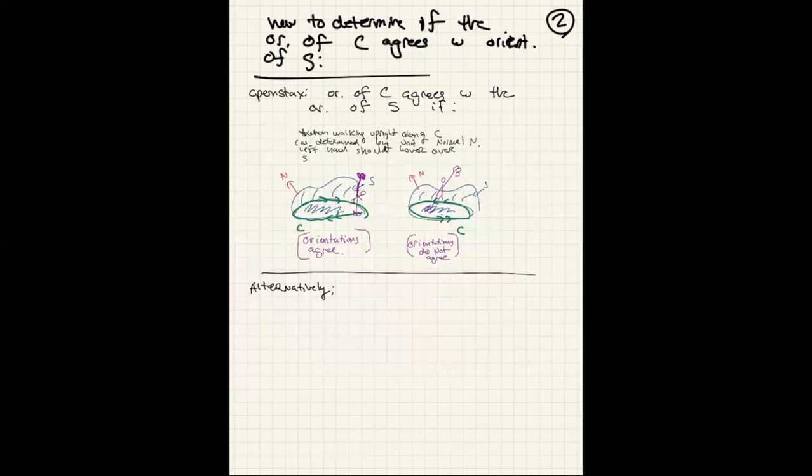To determine if orientations agree, draw a normal vector n near the boundary of C and draw small counterclockwise arrows at the base of the n.